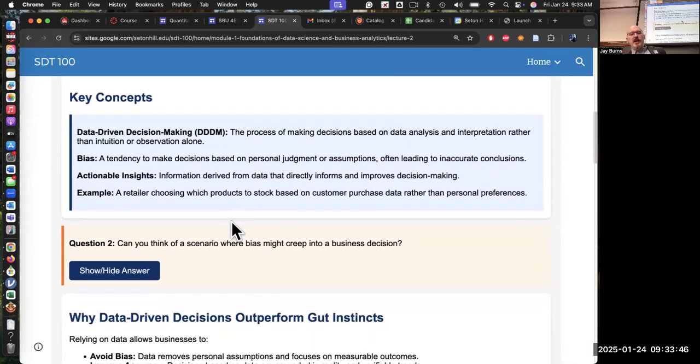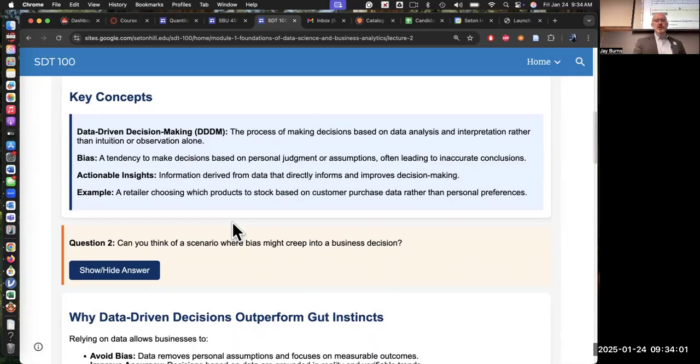Okay, so what is data-driven decision-making? Now that we've talked about why gut decision-making is disappearing, data-driven decision-making is the process of making decisions based on data analysis and interpretation rather than intuition or observation alone. Bias, as we've referenced a couple of times, is a tendency to make decisions based on personal judgment or assumptions.